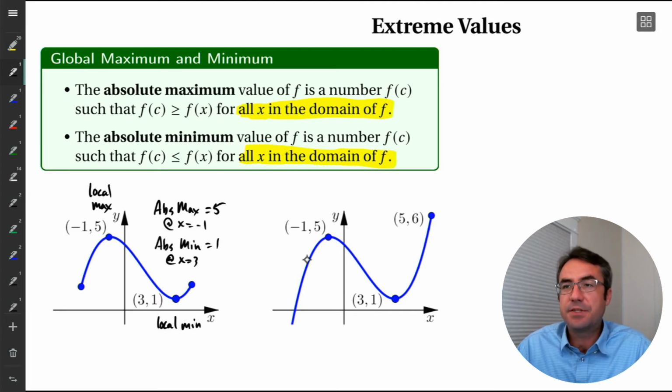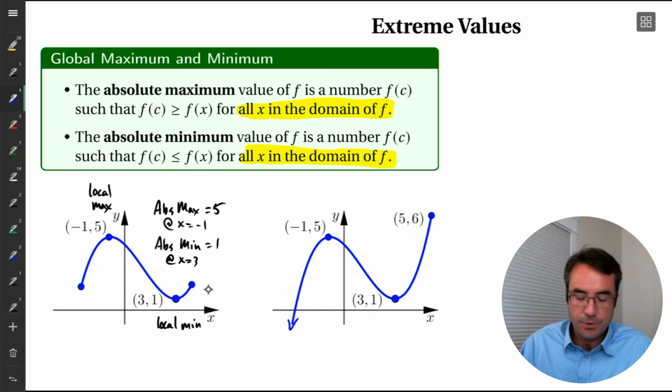Now what about on this second graph? What would be the absolute max and the absolute min? Or do they even exist? Let's take a look. The way we generally read graphs is when we get to an end like this and the graph just kind of trails off, we interpret it as it just keeps going in that direction.